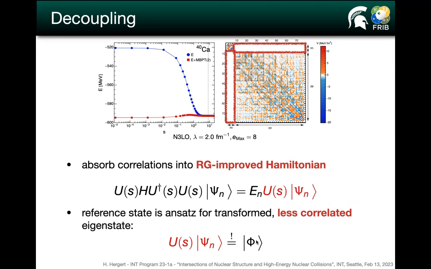And interestingly, you may recognize that this is almost like a constructive method for achieving what density functionals claim to be doing, which is that all the correlations are built into the density functional, and then you use a theoretical method that very much looks like a mean field method to obtain your ground state energies and other observables.